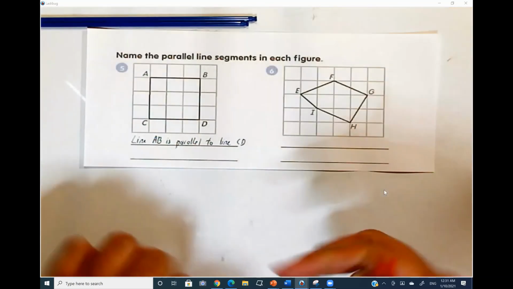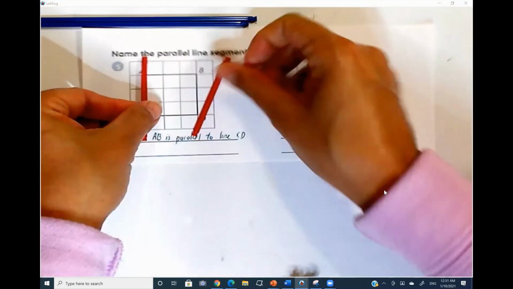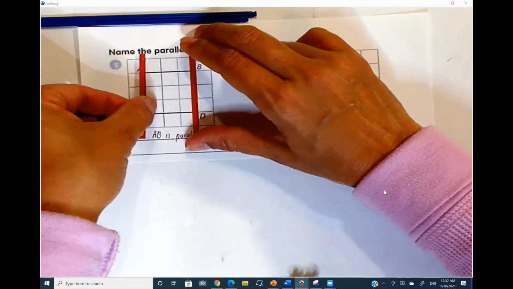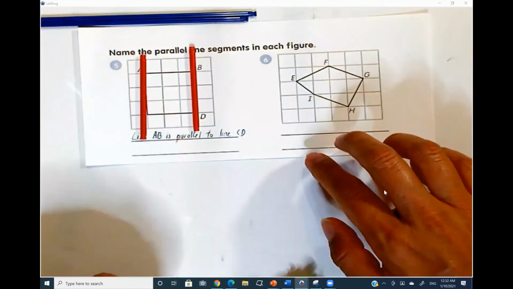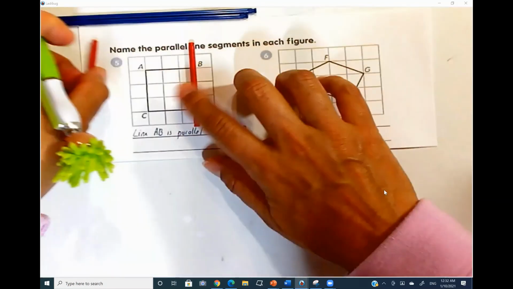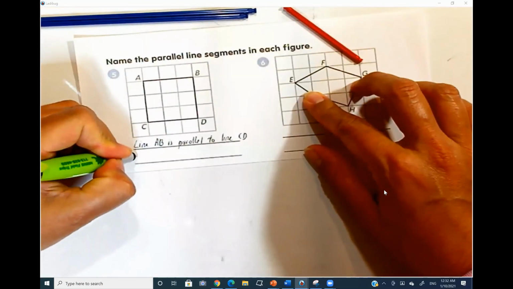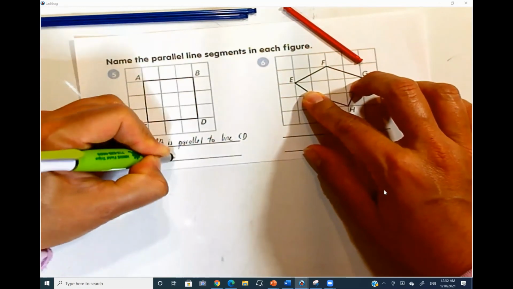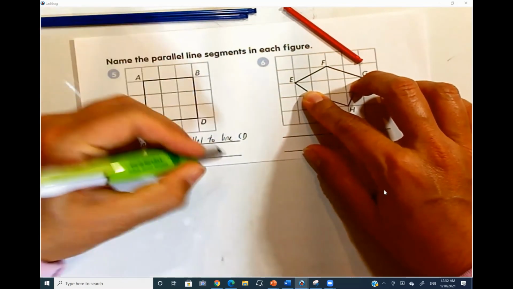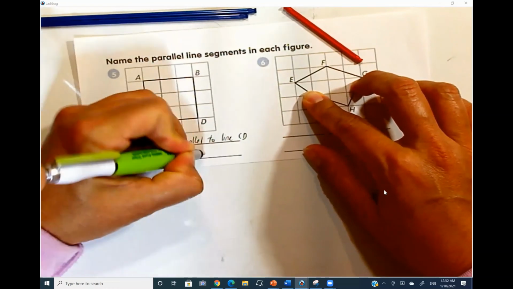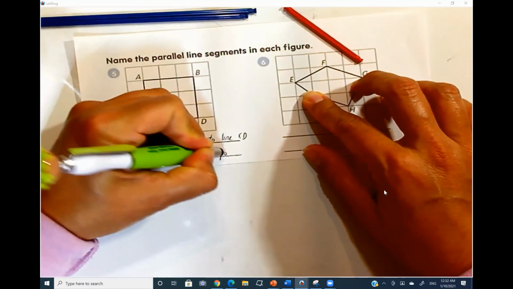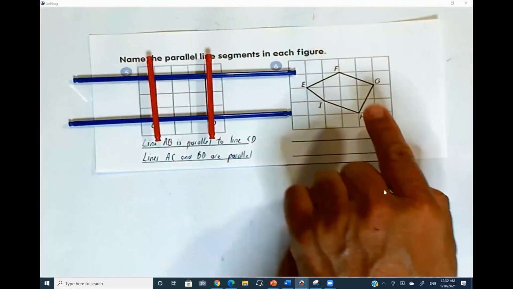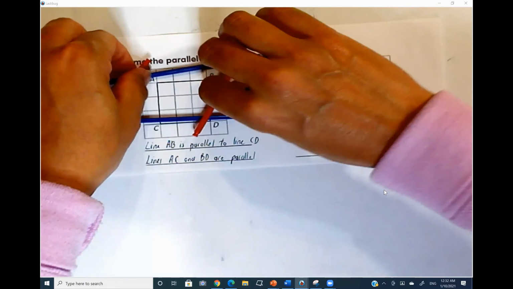Or I can tell I have another set here in the sides. See, now I have AC and BD. I can write it like this: lines AC and BD are parallel. Now, if you notice this shape, we're going to have this almost the same, right?